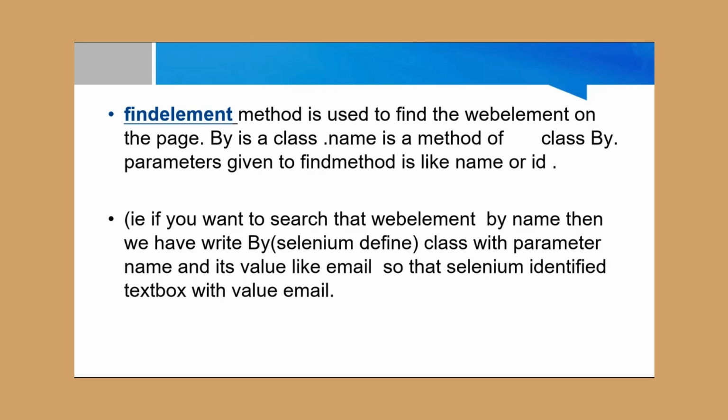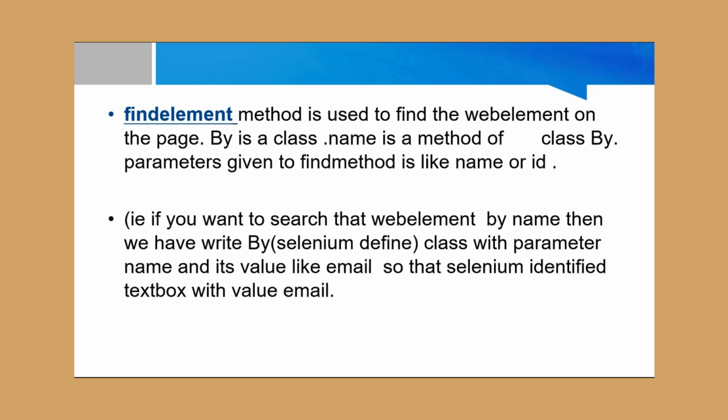If you open any web page, so many web elements are there. But if we want to test a specific web element, we have to take the locator name and tell Selenium that this specific name text box or web element has to be tested.